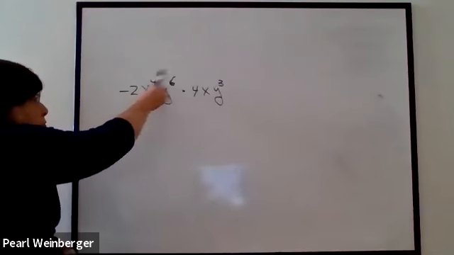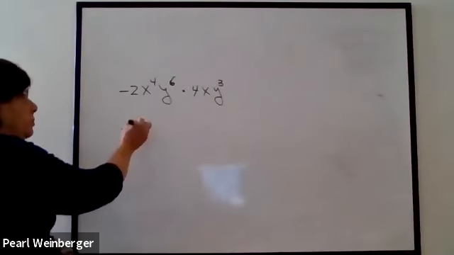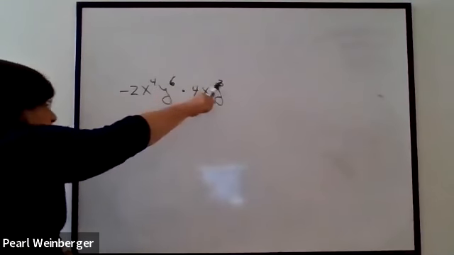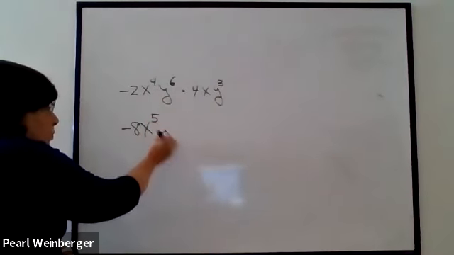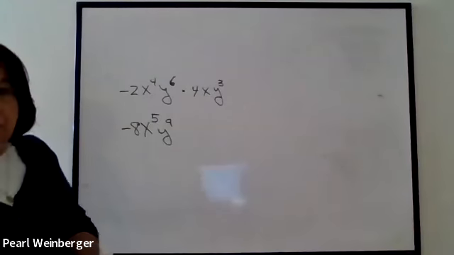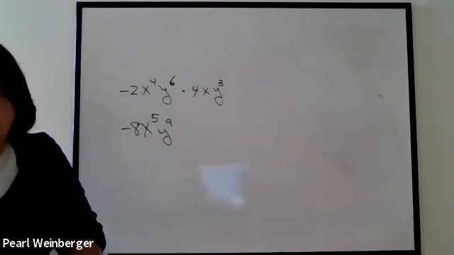So this is a 4 and a 1. When you're multiplying, you add exponents, so that becomes x⁵. And the y is a 6 and a 3. When we add that, we get y⁹. So that's how we multiply monomials, just by multiplying the numbers together and then adding the exponents.